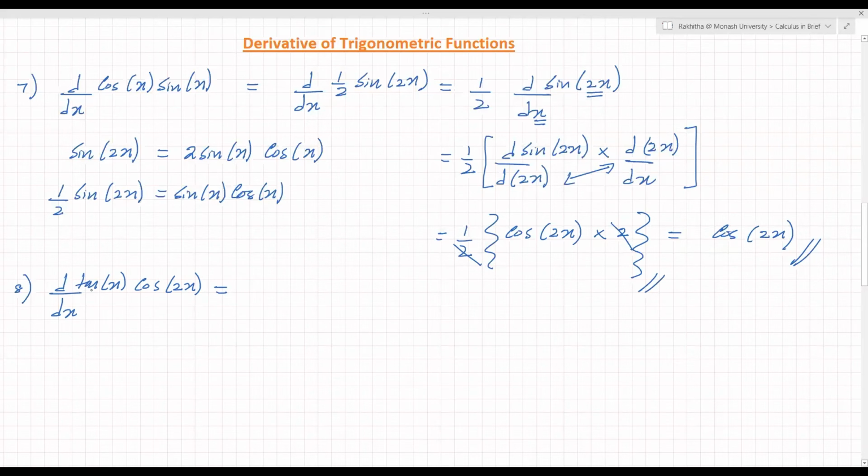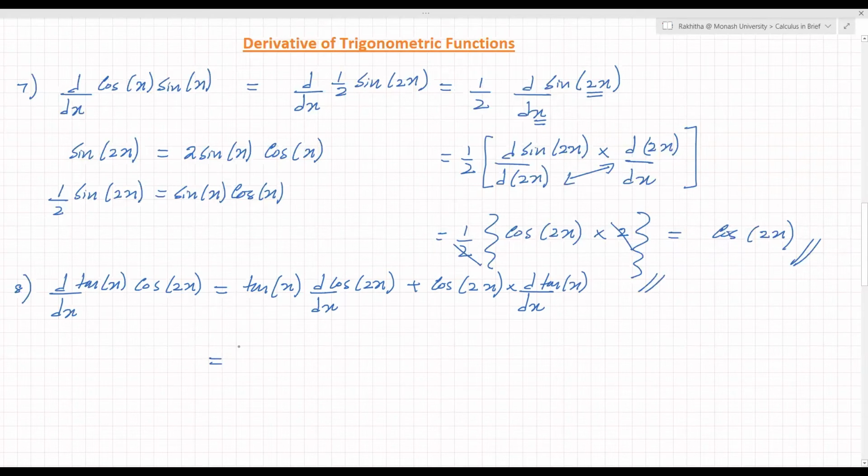If you see tan x and cos 2x, you can't see any simplification between them. Instead, you can use the product rule. So you can say tan x times d/dx of cos 2x plus cos 2x times d/dx of tan x. Now that is very easy.